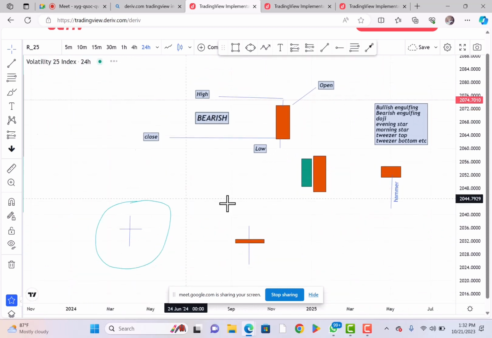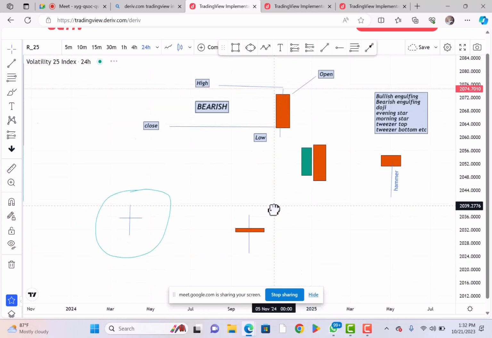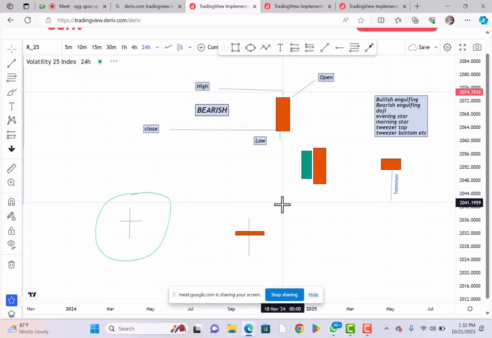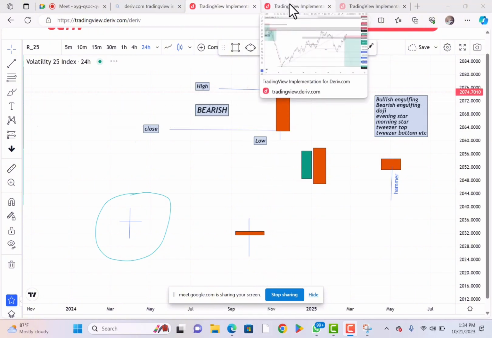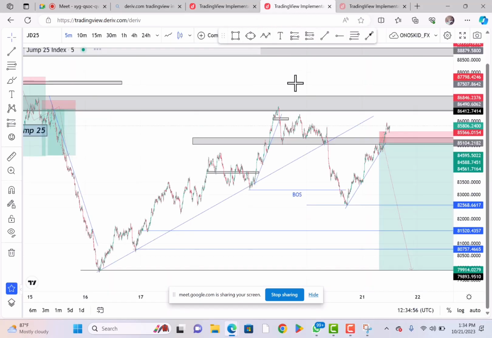I'm just leaving it for you guys to see. I believe you guys must have taken down some things. So I will show you where you can identify some of these candles on the chart.